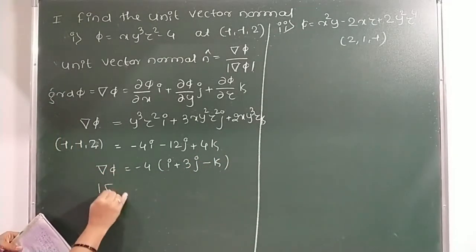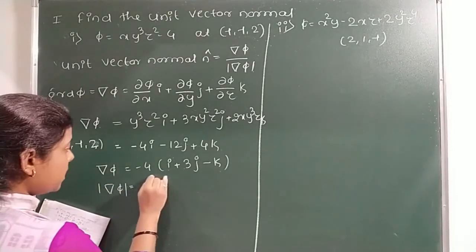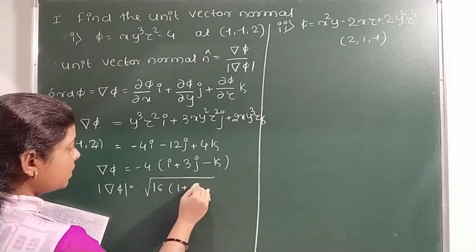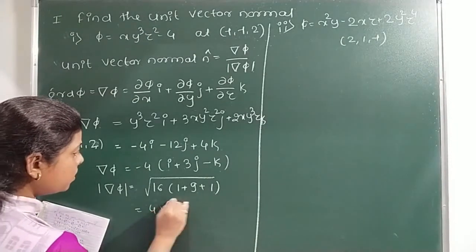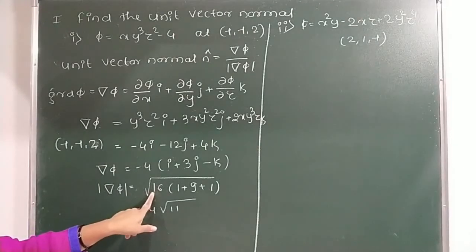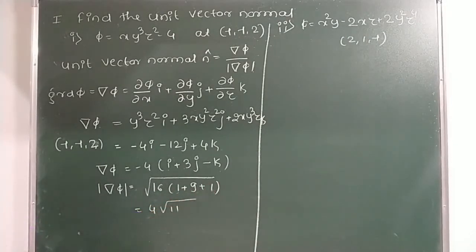For this we apply the mod: 4 times the square root of 1 squared plus 3 squared plus 1 squared, which is 4 root 11.